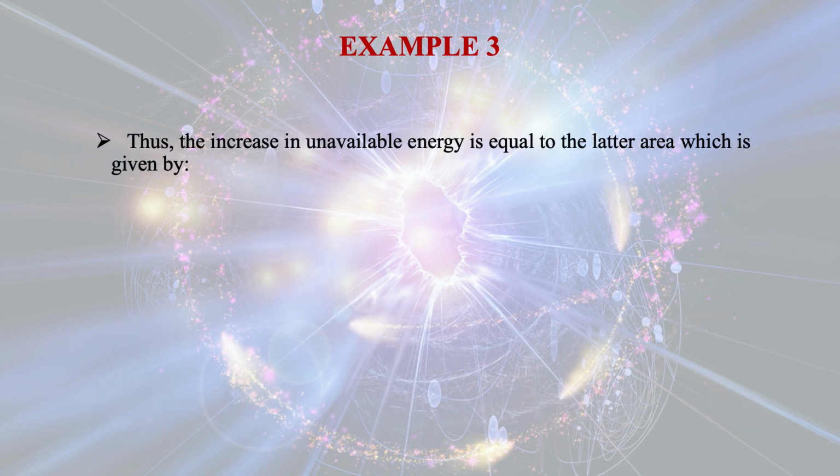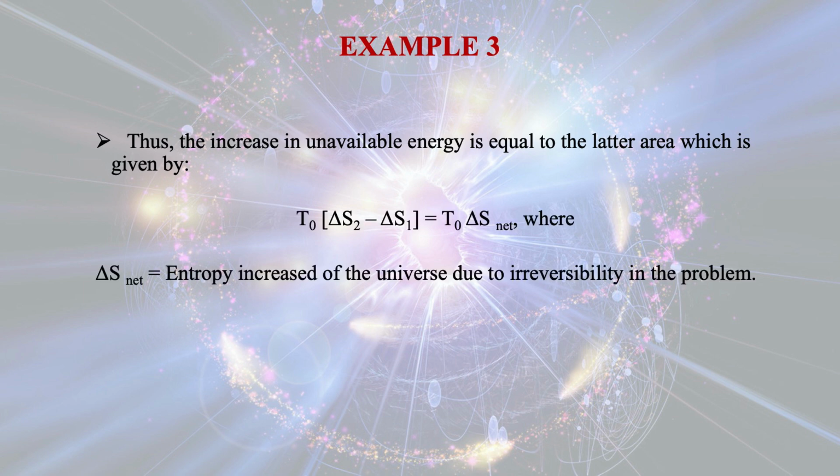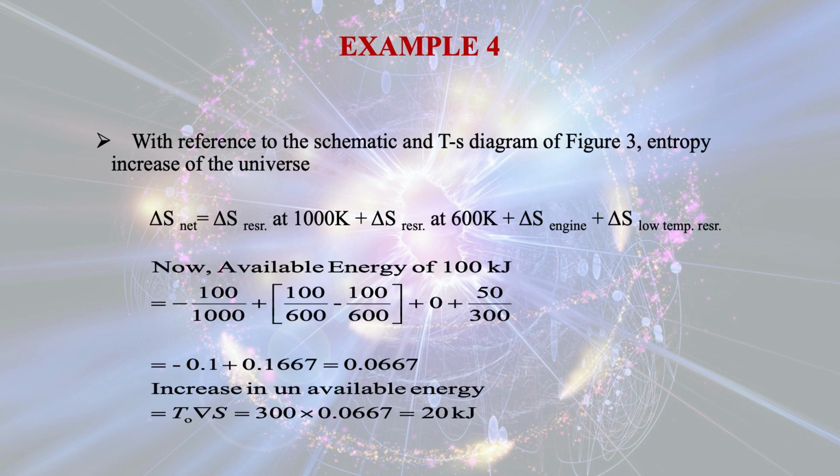Thus, the increase in unavailable energy is equal to the latter area, which is given by T0 within bracket del S2 minus del S1, which is equal to T0 multiplied by del S net, where del S net is the entropy increase of the universe due to irreversibility in the problem. With reference to the schematic and TS diagram of figure 3, this is the entropy increase of the universe.